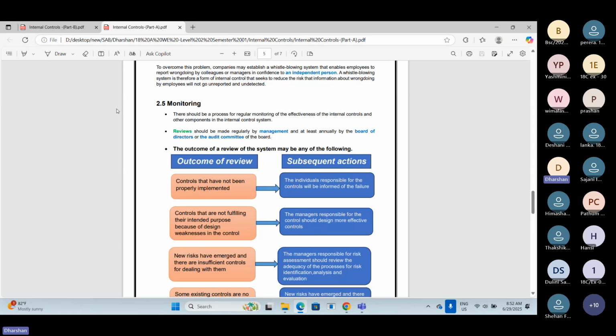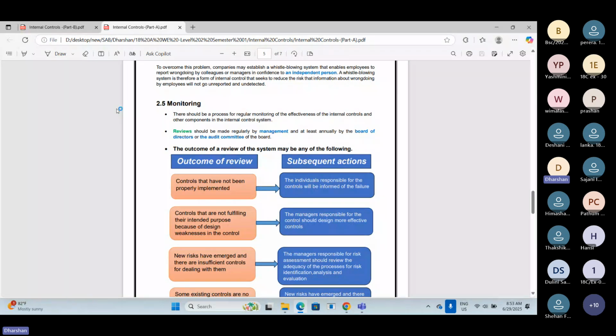Management can do the review itself, or management will appoint internal auditors to perform the review. Management should do the review at regular intervals, and the board of directors or audit committee should review at least once a year. So the final responsibility is with the directors.